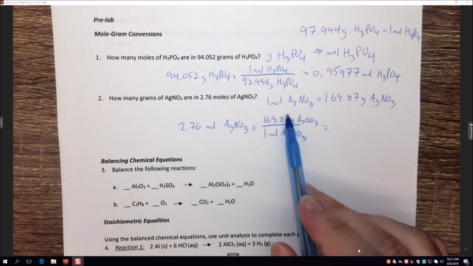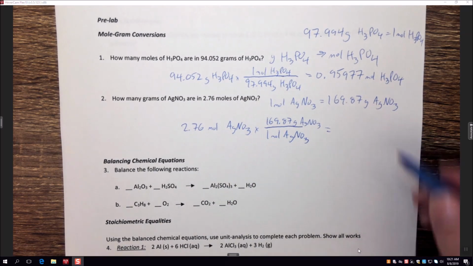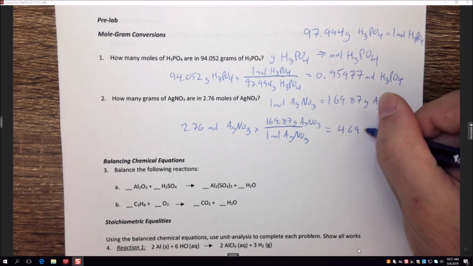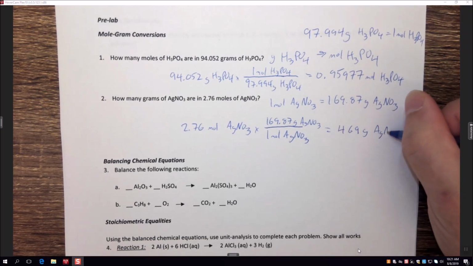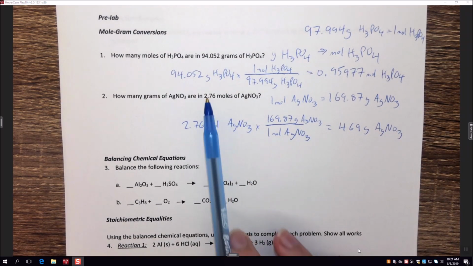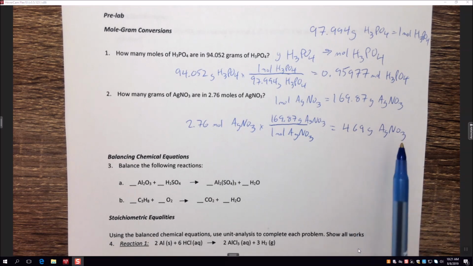Now we multiply by the top and divide by the bottom, or in this case just multiply by the top because dividing by 1 doesn't do anything. We find that we have 469 grams of AgNO3. Said another way, in 2.76 moles of AgNO3 there are 469 grams of AgNO3.